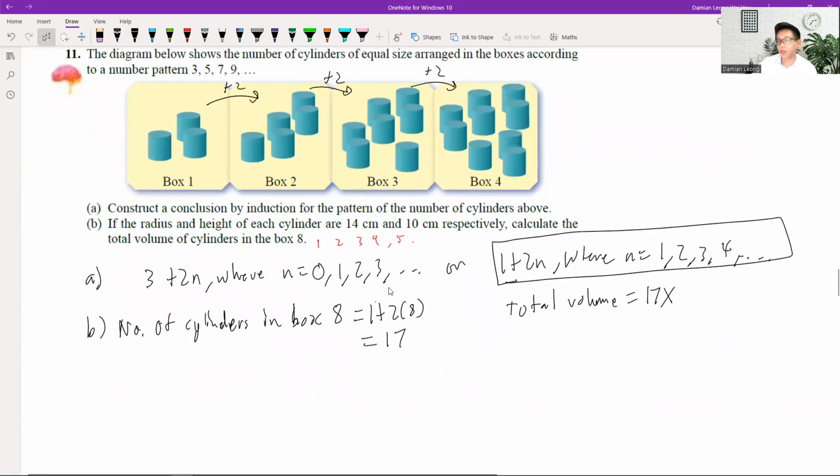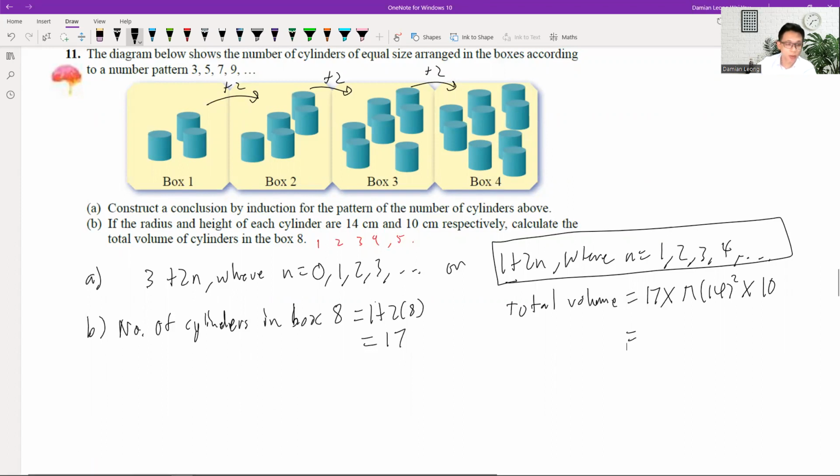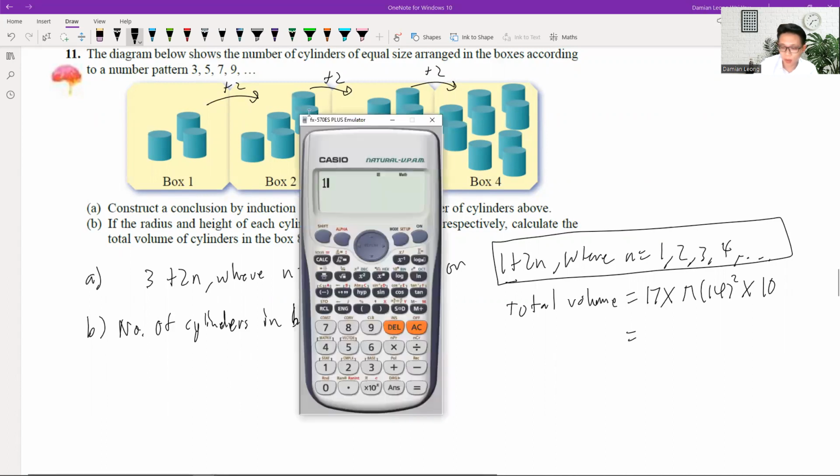So the radius is 14 cm, which means pi r square h, pi times 14 square times height 10. Okay, so I calculate. Feel free to use a calculator again. 17 pi times 14 squared times 10.